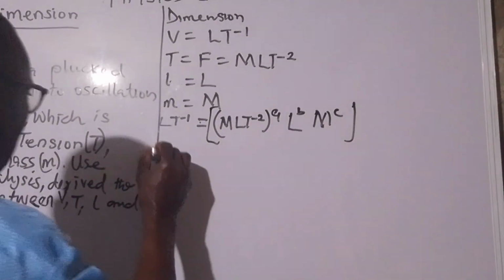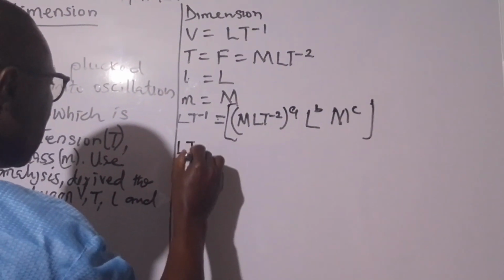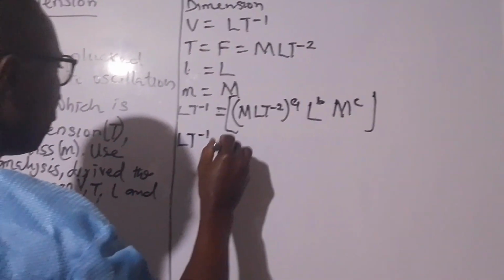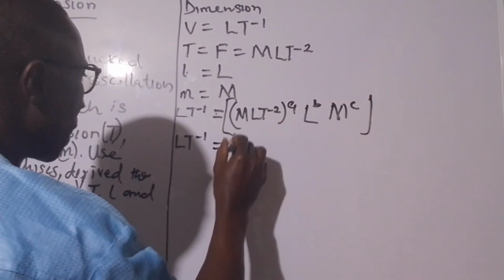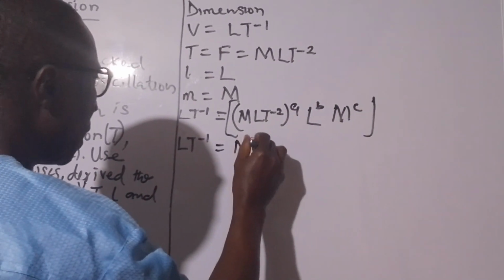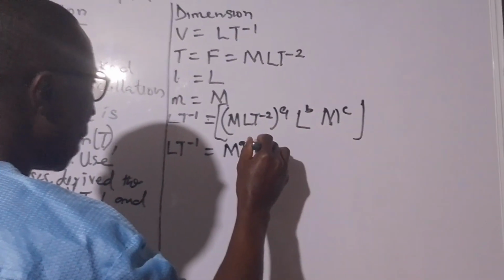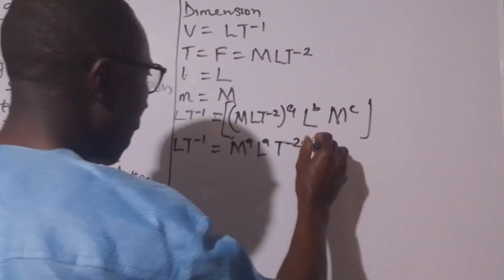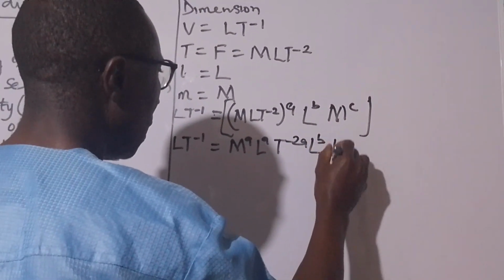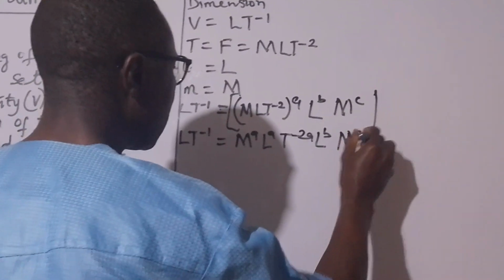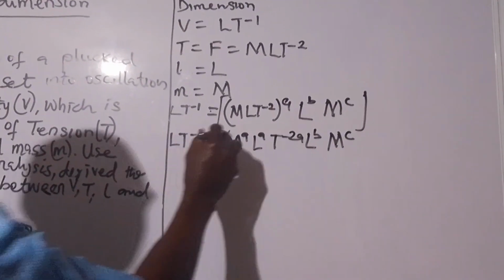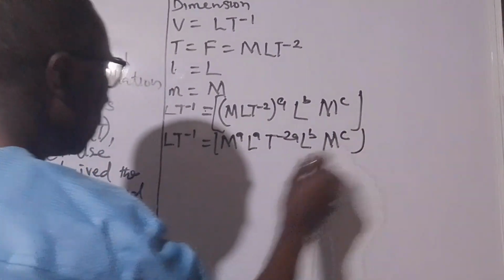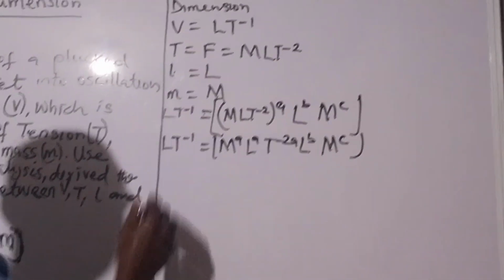Now, the next thing is to open the bracket. So it will now give us L T raised to power minus 1 for velocity equal to M raised to power A, L raised to power A, T raised to power minus 2A, then L raised to power B, M raised to power C. From this point, let's use the law of indices.